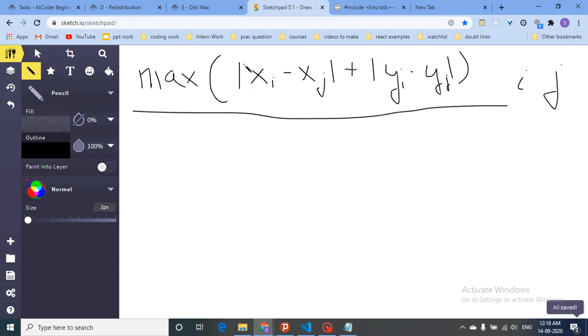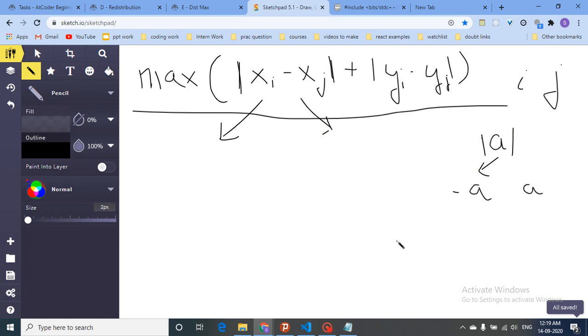Whenever you see mod functions, the mod function can give you 2 possible answers. I hope you know, if you have some value a and some mod value, then it means that it is leading down to 2 values. It can be either -a or +a.